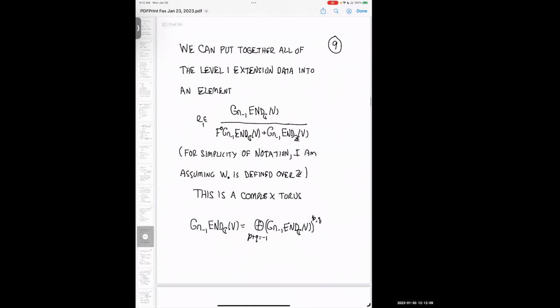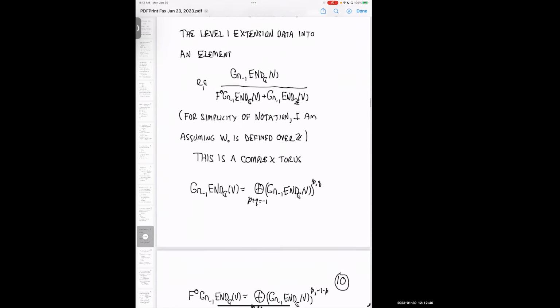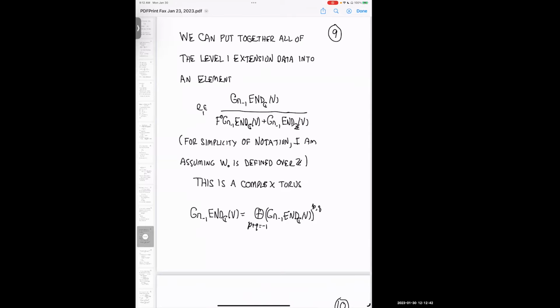So you can put together all of this level 1 extension data into an element E1 that's in the -1 graded piece of endomorphisms of Z, modulo the F naught of that and modulo the integral part. And I'm going to, for simplicity, just assume the weight filtration is defined over Z. And so this thing is a complex torus. And the graded pieces, I'm going to write just with an upper PQ.